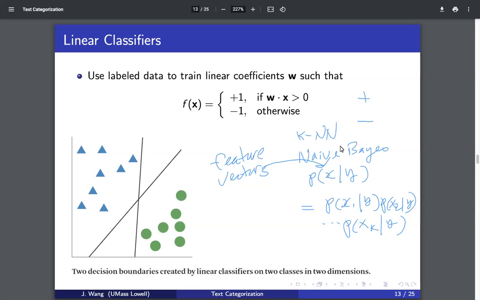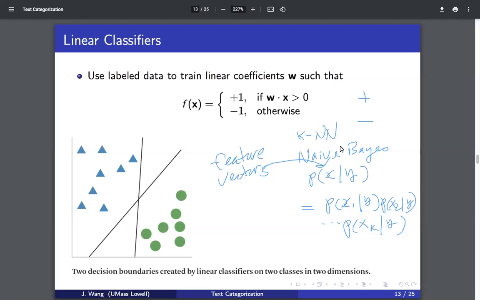And naive Bayes is a linear classifier. In other words, on this picture, let's look at these different shapes and colors, which are features of certain documents. In this case, they can be clearly classified into two clusters, and they can be separated by a line.